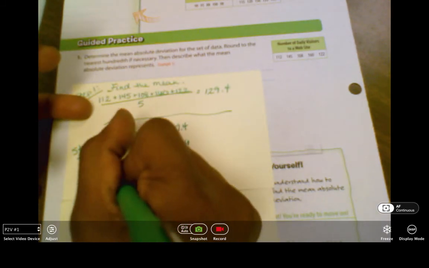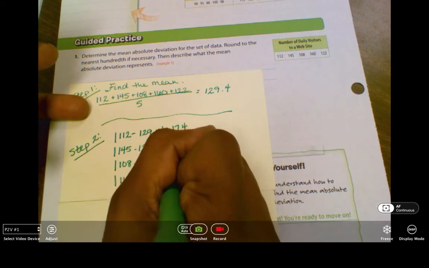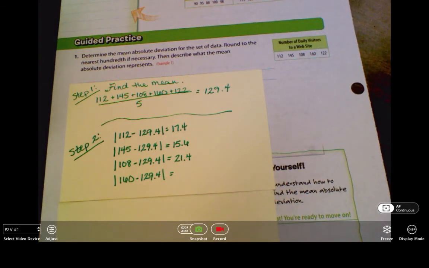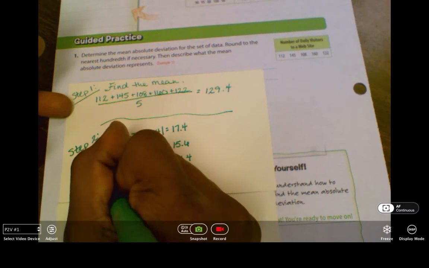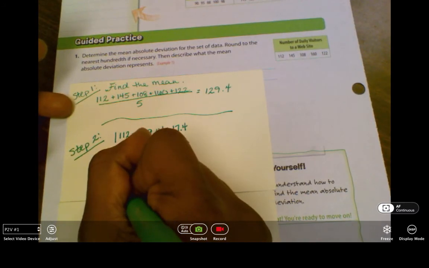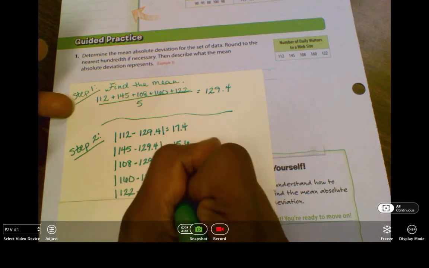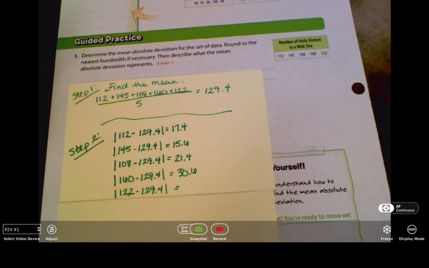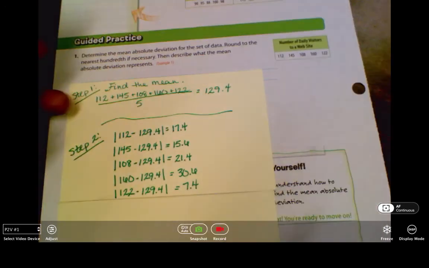Then the absolute value of 160 minus 129.4, and that gives me 30.6. And then the absolute value of 122 minus 129.4, which is 7.4.